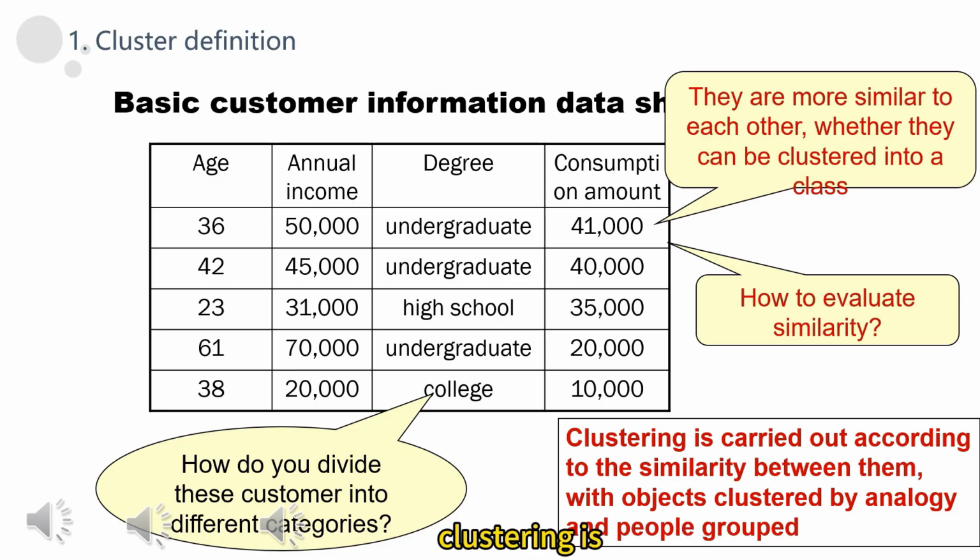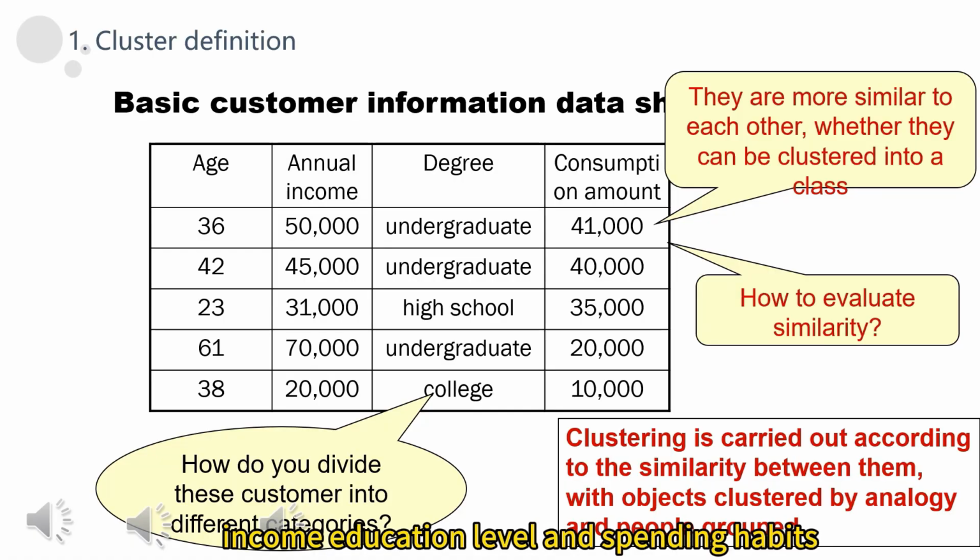So, clustering is all about finding similarities and grouping objects or people based on those similarities. It's a powerful technique that allows us to uncover patterns and gain insight in various fields. In this case, it helps us categorize consumers into different classes based on their similarities in age, income, education level, and spending habits.